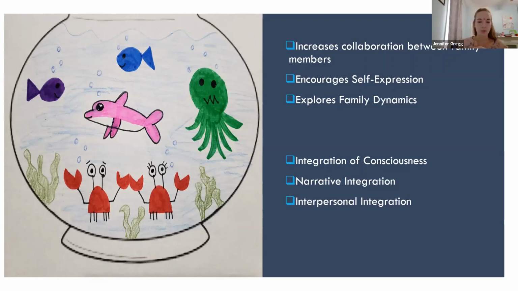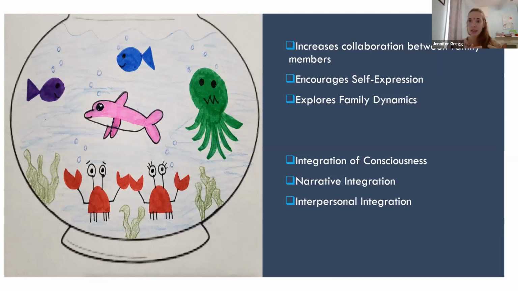We are now able to create a narrative of what's going on in their world, make sense of how everyone's working together, how the family dynamics are. You might be able to encourage families to tell a story of what this looks like for them, what each individual fish might be going through.